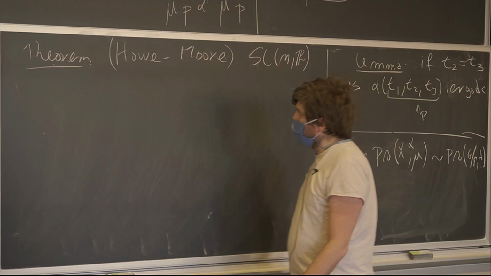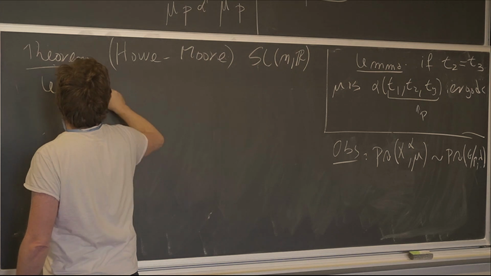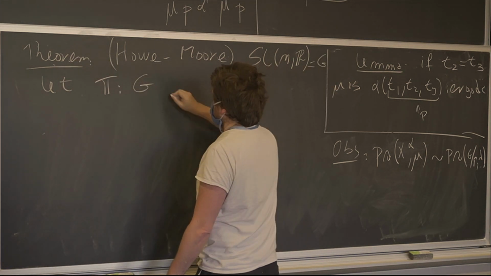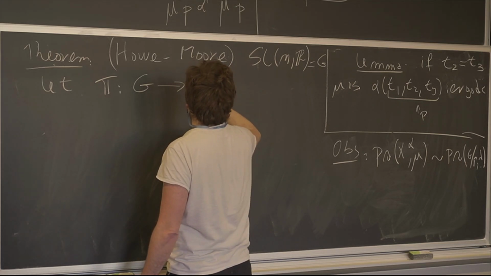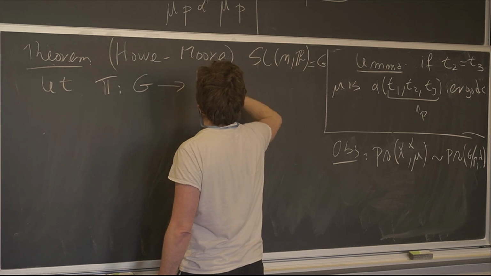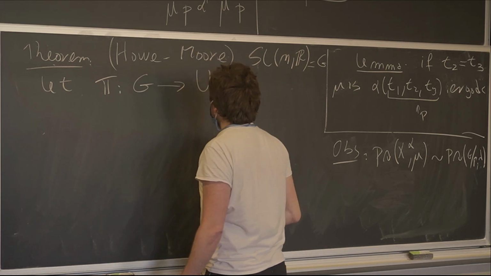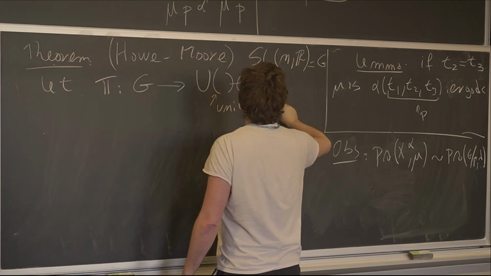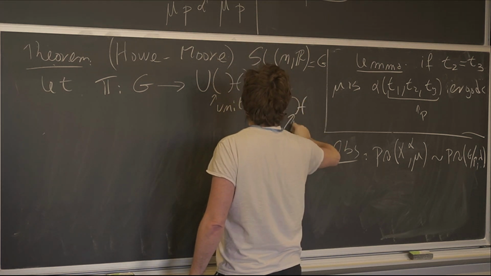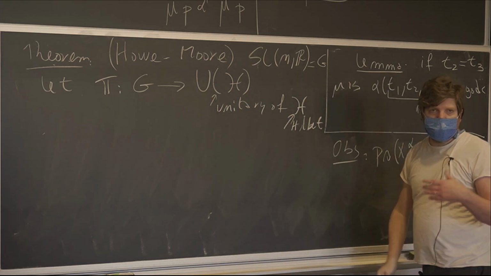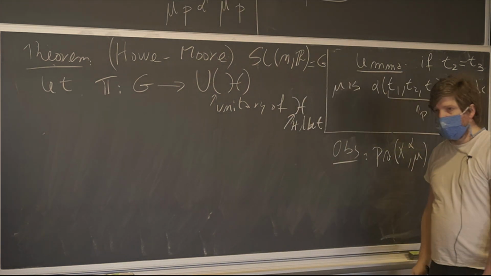It says the following. So let pi from G, so we call it G, into unitary operators of a Hilbert space. So this is unitary of H Hilbert, and is as always continuous in the strong sense.